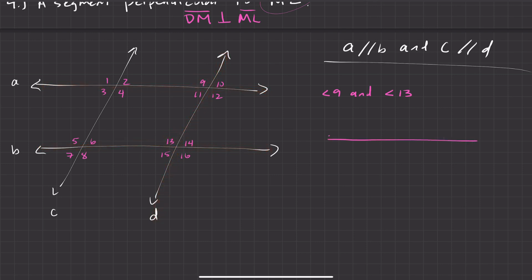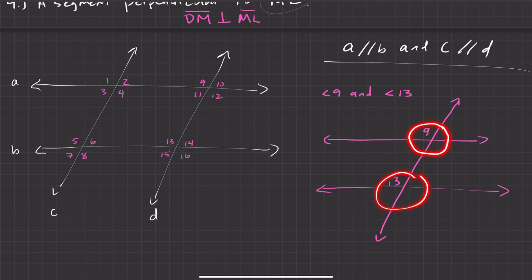So I have these lines that are parallel, and then this is my transversal, 9, 13. All I did was redraw it, because I want to make my life simpler. So I'm looking at 9 and 13. If I were to stand at 9, or if I'm comparing this region to this region, it's basically saying that I'm standing at 13.